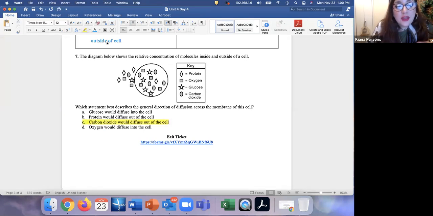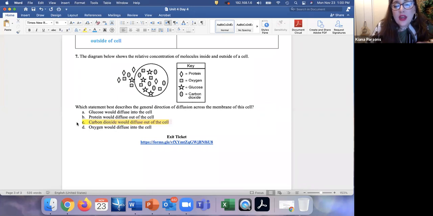Let's double check and make sure that's our answer. Oxygen would diffuse into the cell. It looks like there's oxygen, 1, 2 oxygen outside the cell, and 1, 2, 3, 4 oxygen inside the cell. So oxygen would also diffuse out of the cell. The concentration of oxygen is also higher inside the cell than outside the cell, so it wouldn't move against the concentration gradient. It would move down it or along it.